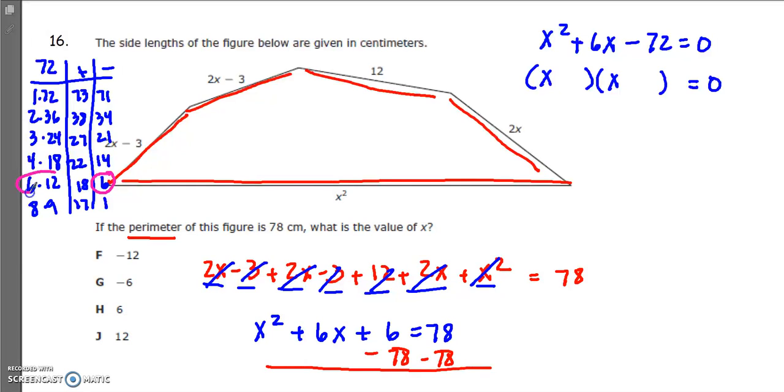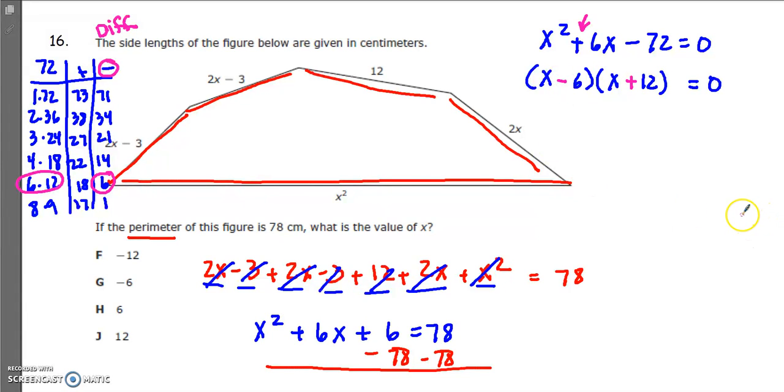So I'm using 6 and 12. Because it's in the minus column, that means my signs are going to be different. So I'll put my 6 and my 12. I know signs are different. This one goes with the larger of the two numbers, so the 12 gets to be the positive and the 6 gets to be the negative.